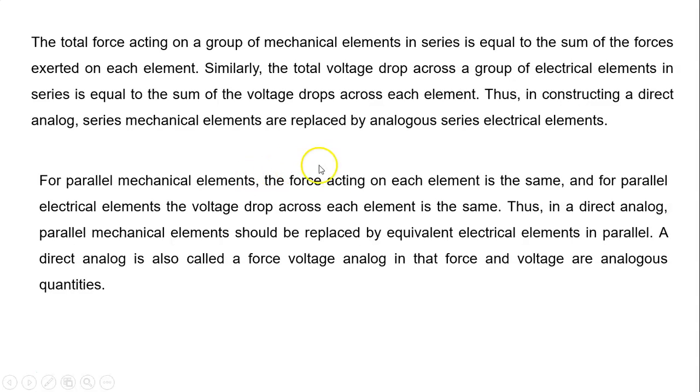Already we have seen this theory earlier. For parallel mechanical elements, the force acting on each element is the same, and for parallel electrical elements, the voltage drop across each element is the same.